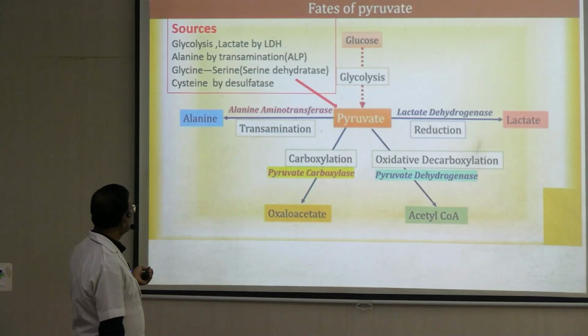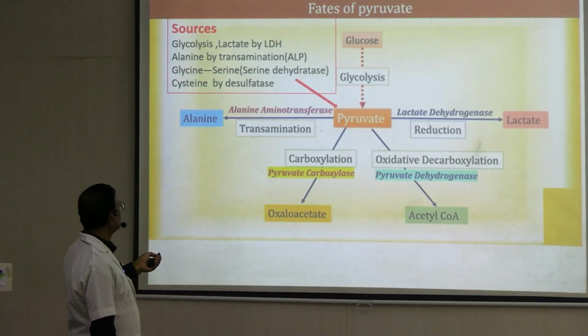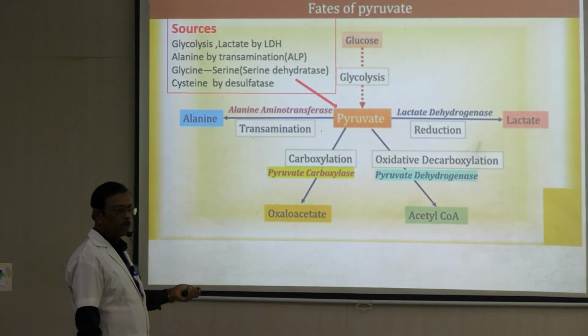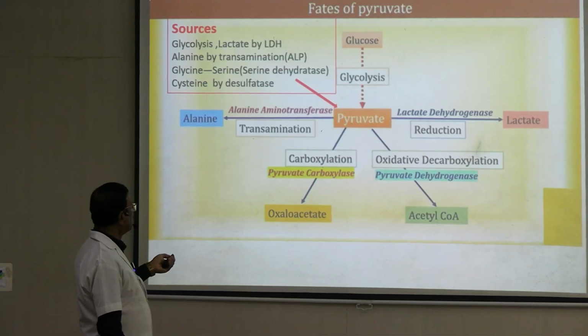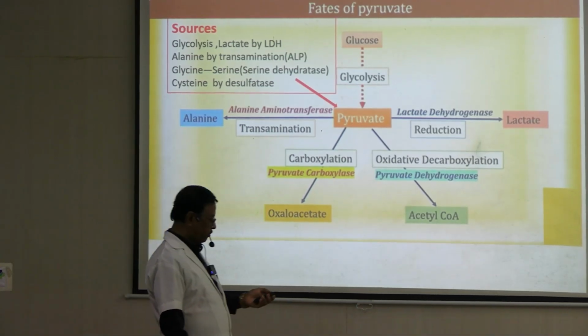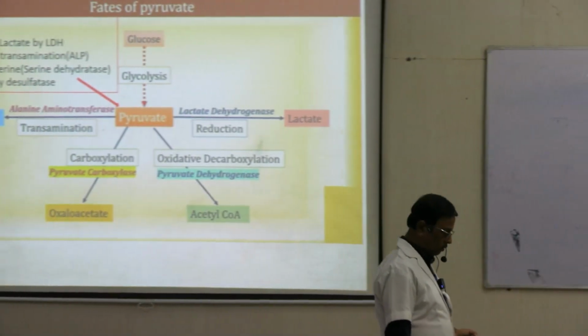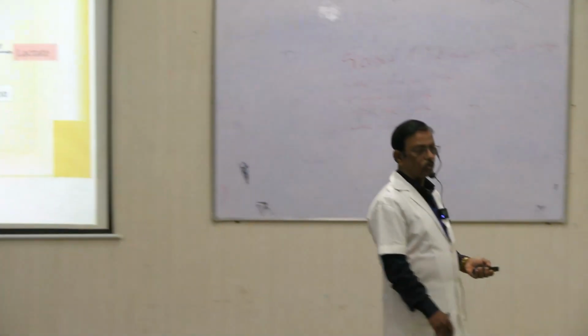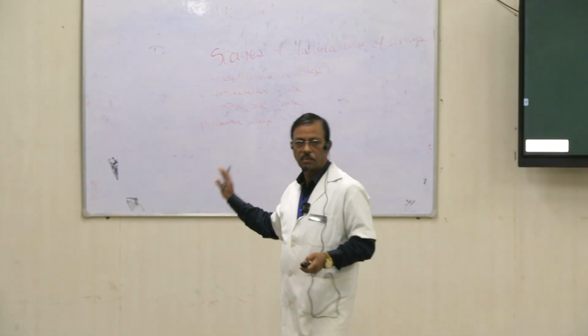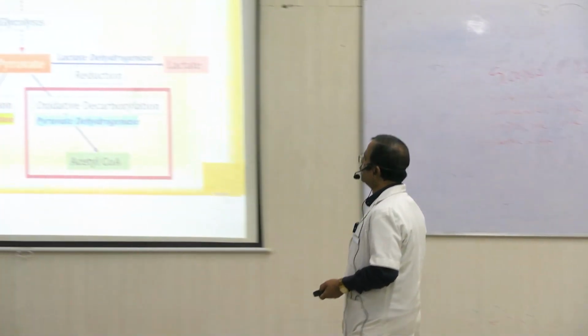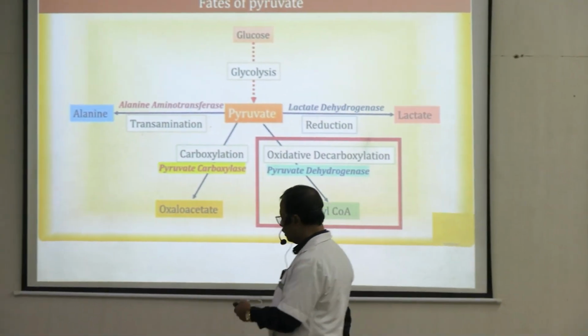Pyruvate can also be utilized for synthesis of non-essential amino acids like alanine by transamination. This is the metabolism of pyruvate. When a short note is given, you have to give source and utilization. But this much only. So that is the fate of pyruvate.